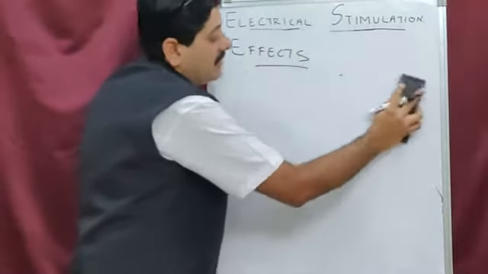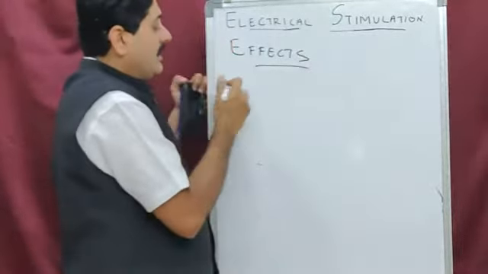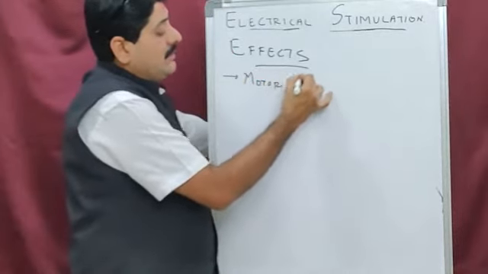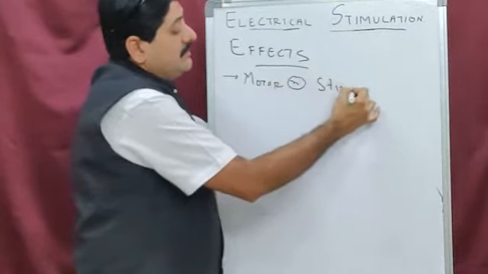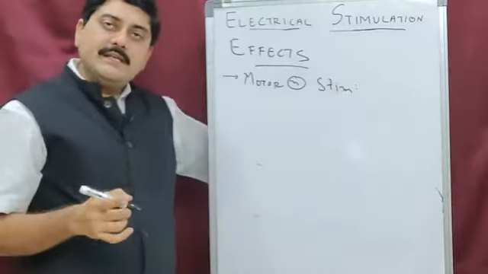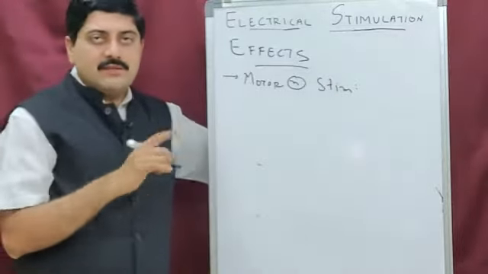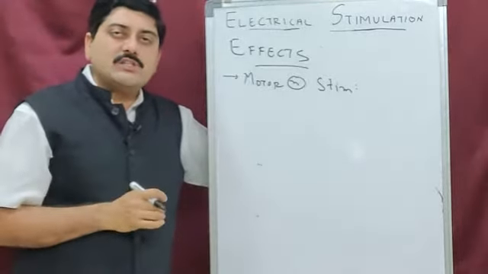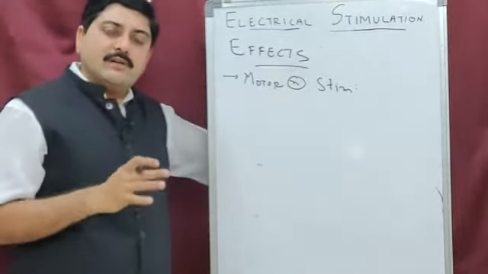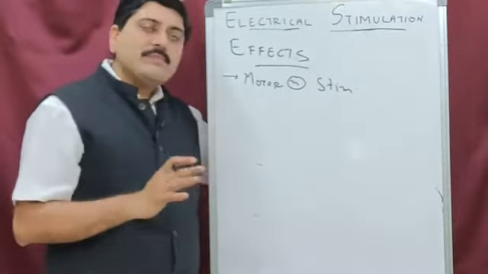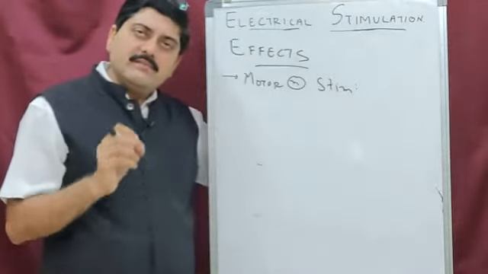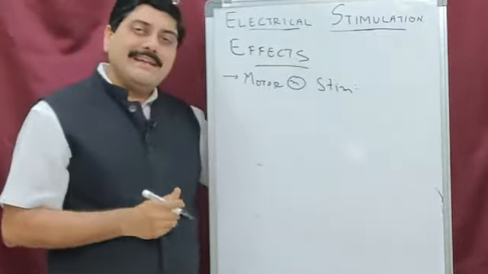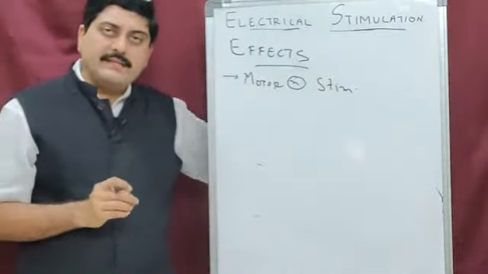So we are talking about the stimulation of motor nerve, right. So motor nerve stimulation helps in rehabilitation of the muscle, as we have seen in the last lecture. It helps in re-education of the muscle and retraining of the muscle, right. So when you stimulate a muscle with this, it causes a contraction of the muscle, which helps maintain the muscular properties, right.